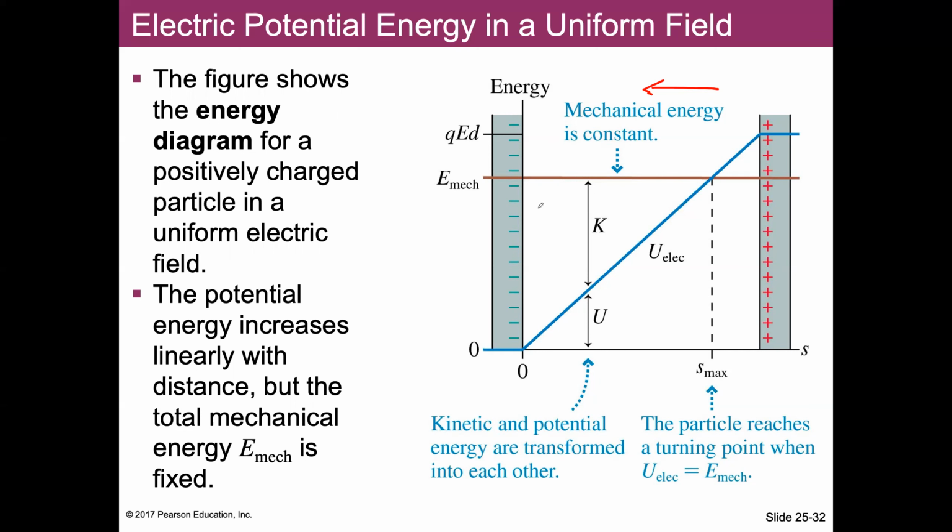However, the kinetic energy will decrease, but the total energy, which means the sum of kinetic energy and the potential energy, should be the same, or a constant. We call the sum of the kinetic energy and potential energy the mechanical energy, or the total energy.